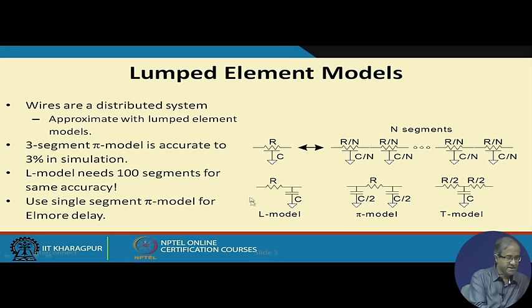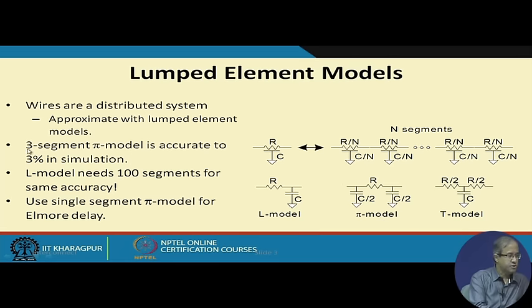Now, various models like these have been analyzed, and with respect to the more accurate delay characteristics obtained by extracted values of resistance, capacitance and other things, they have been compared. It has been found that this is one segment of the pi model.